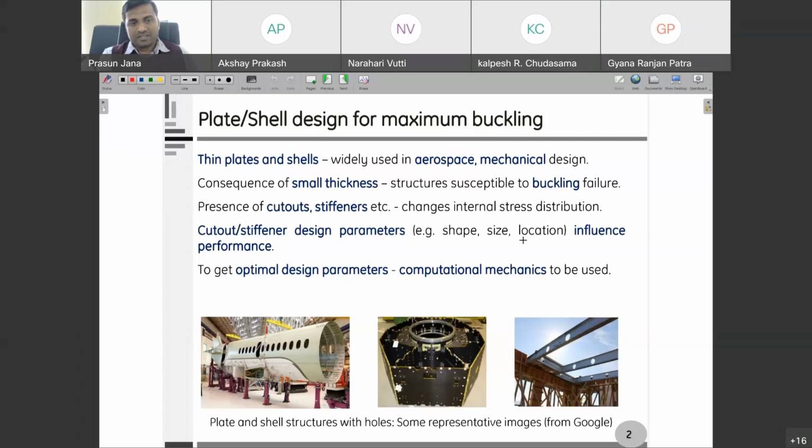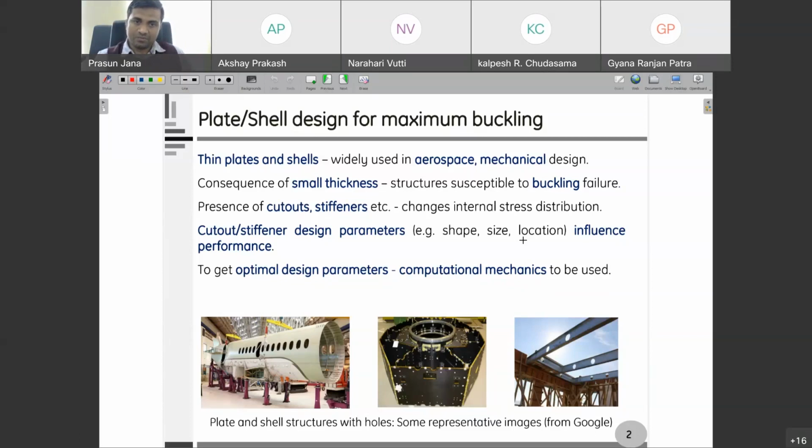The complexity becomes greater if you have different cutouts and stiffeners added to the structures. You have to have cutouts for many reasons, like wanting to remove some weight at certain locations. You reduce weight by inserting different holes, and you try to remove material where the stresses are less.